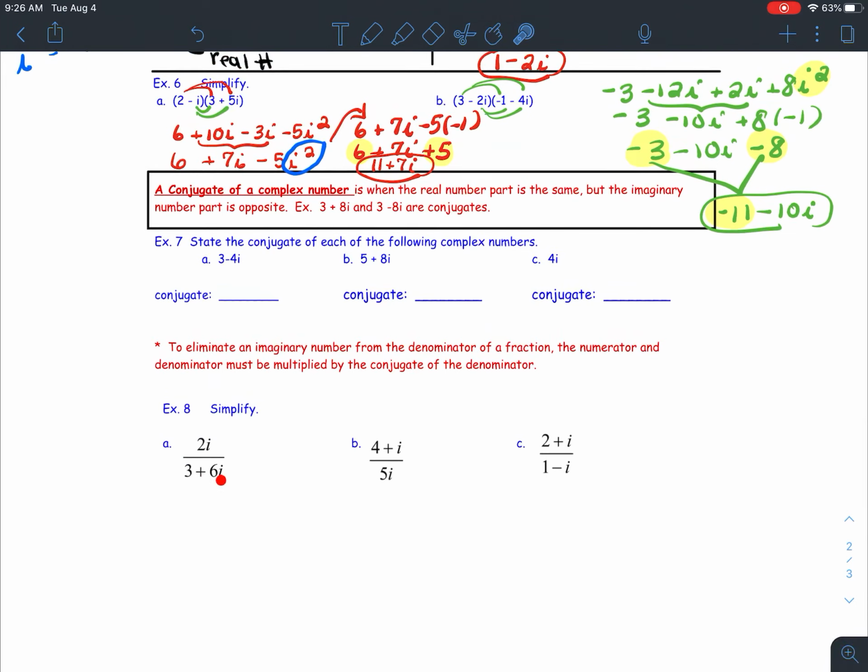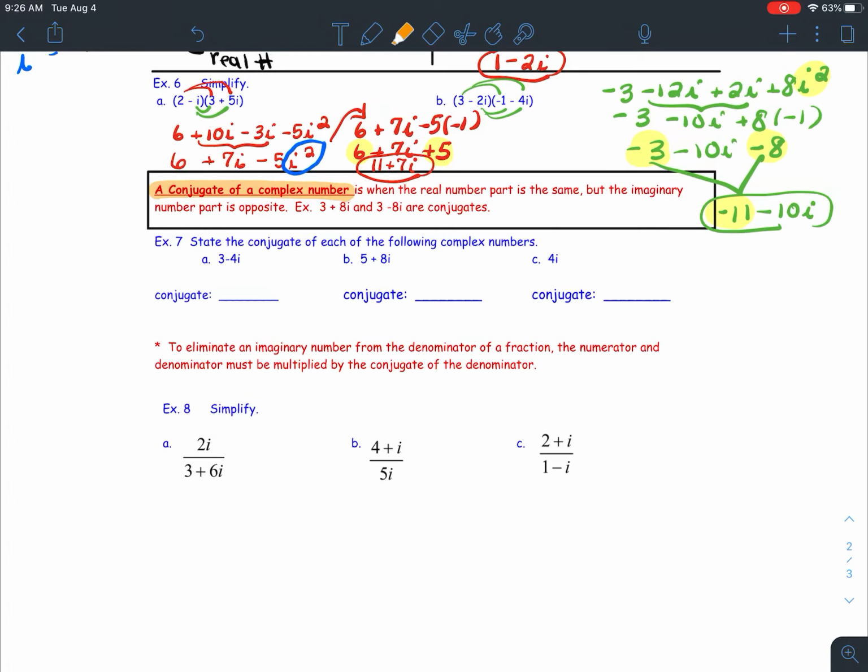You can see with the 3 examples here for number 8 that all 3 of these examples are violating that third rule, because we have i's in the denominator of the fraction, and we need to come up with a way to get rid of those i's.